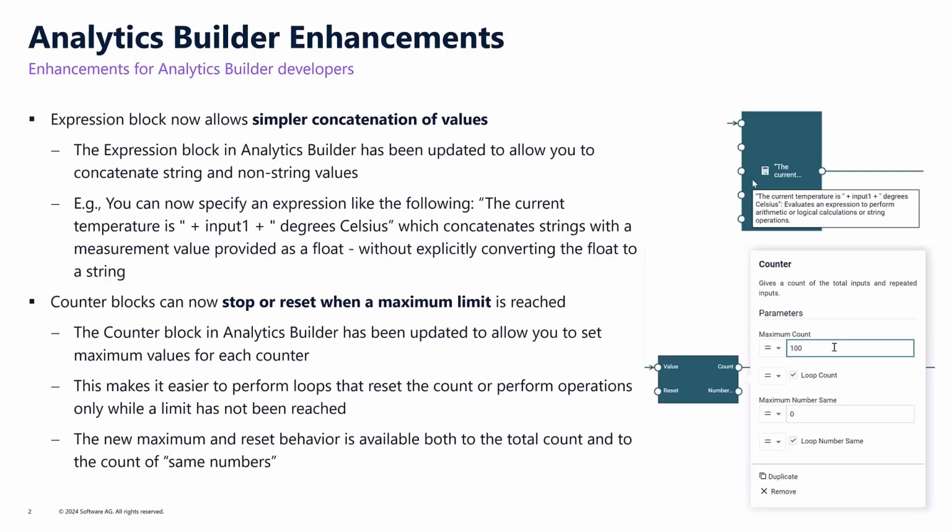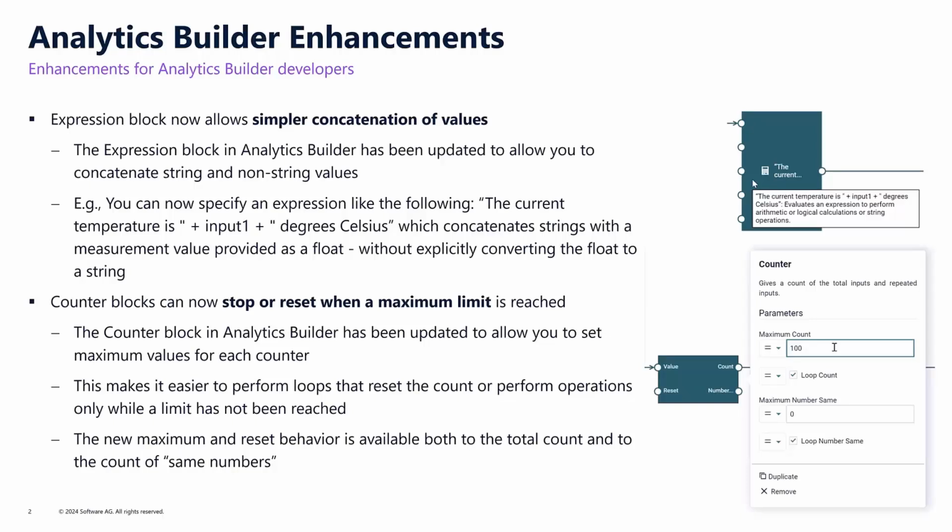If you make use of the expression block, you've now got a slightly easier way to combine the inputs and the expression you're creating when that expression uses different data types. So you can now combine strings, textual items, and numeric items like floats, which can represent the incoming measurements.